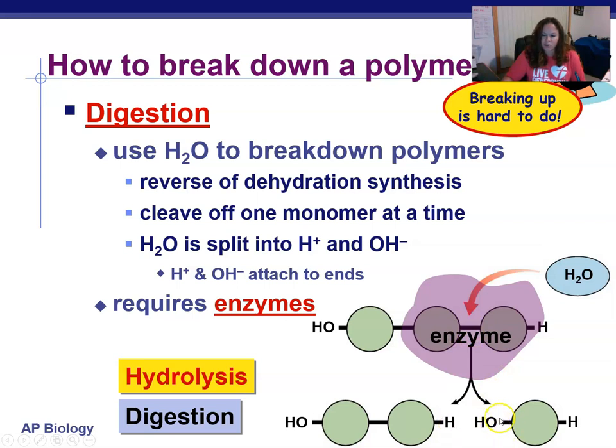But now I've got two open sites that I've got to fill with atoms. So on one of the sites I fill it with an OH, and the other site I fill it with the H. So I had to take water apart and put it back into the molecules in order to tear this thing down. Yes, it's called a digestion.